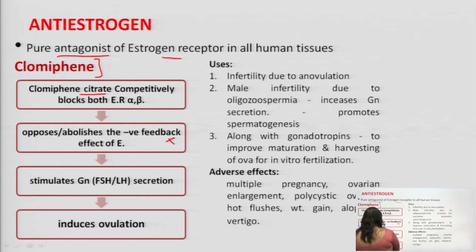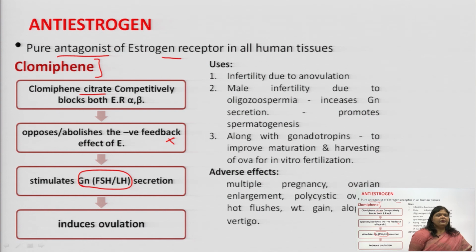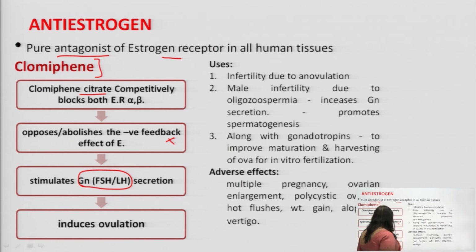When there is no negative feedback, what will happen? There is stimulation of release of the gonadotropins, that is FSH and LH increase, and this induces ovulation. So, that is how clomiphene, as an anti-estrogenic drug, acts. It opposes the negative feedback mechanism and stimulates the secretion of FSH and LH and induces ovulation.